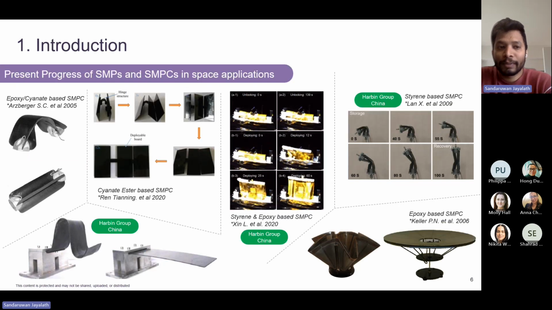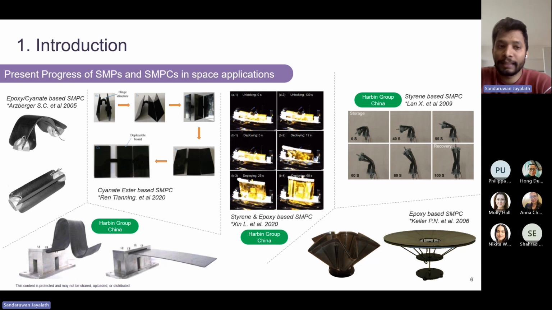In previous literature on space applications, scientists have made hinges, deployable solar arrays, deployable substrates, reflectors and booms, things like that. And some of them have even gone to trials in space, mostly in low Earth orbit.